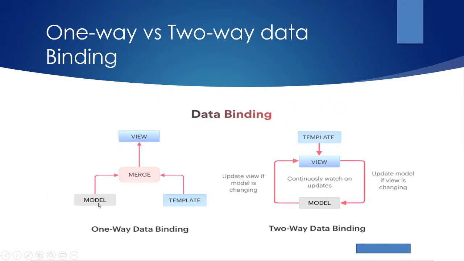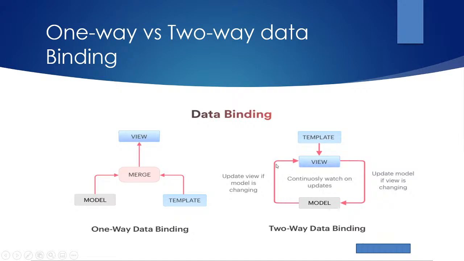In one-way data binding, model plus template merge and it becomes the view, so the data is passed in only one way. In two-way data binding, if the view changes, we update the model, and if the model changes, we update the view.